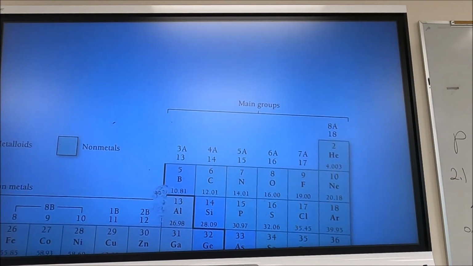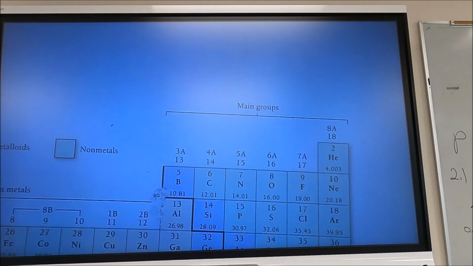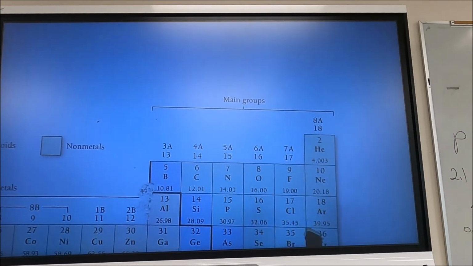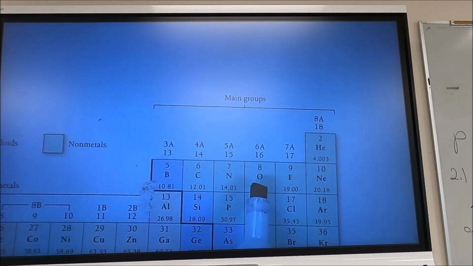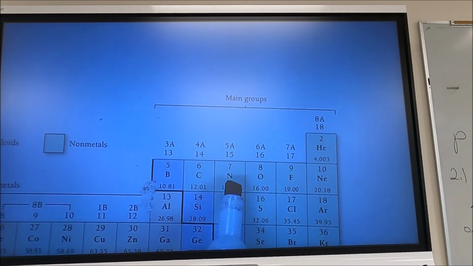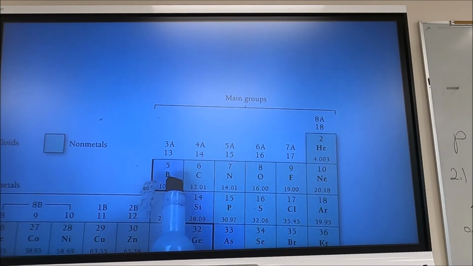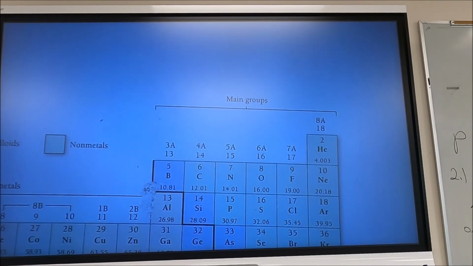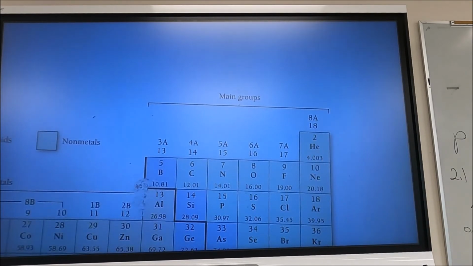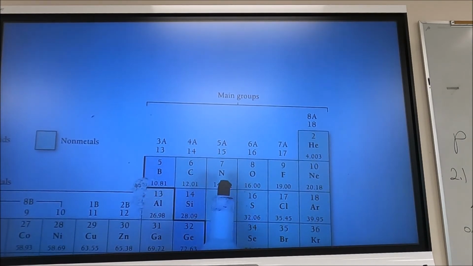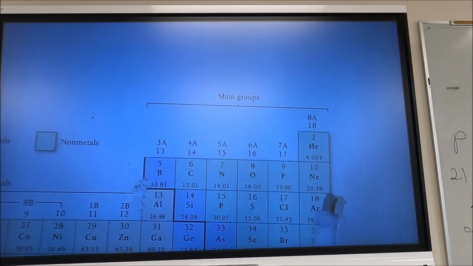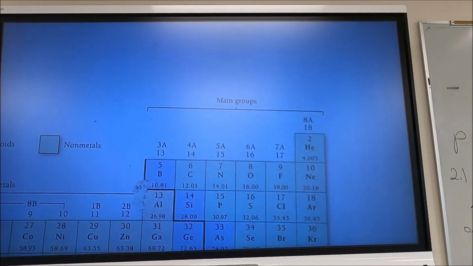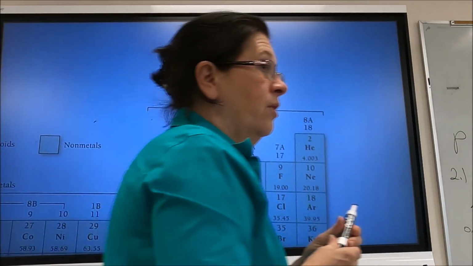Now, if you remember our Lewis dot symbols, neon has 8, fluorine has 7, oxygen has 6, nitrogen has 5, carbon has 4, boron has 3. Because these have 3, 4, 5, 6, 7, and 8 valence electrons. So I'm going to draw their Lewis dot structures.